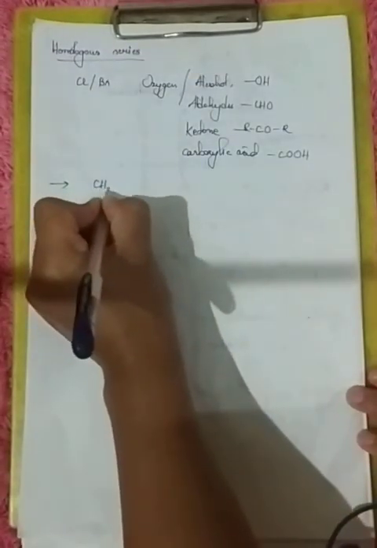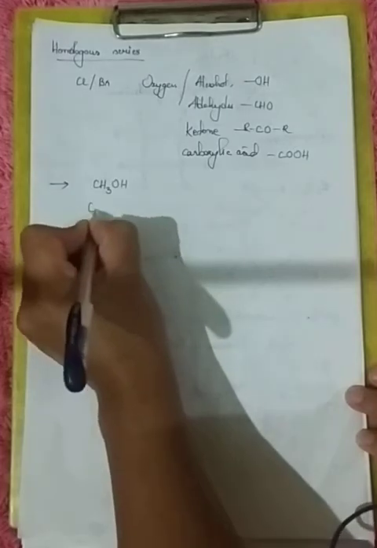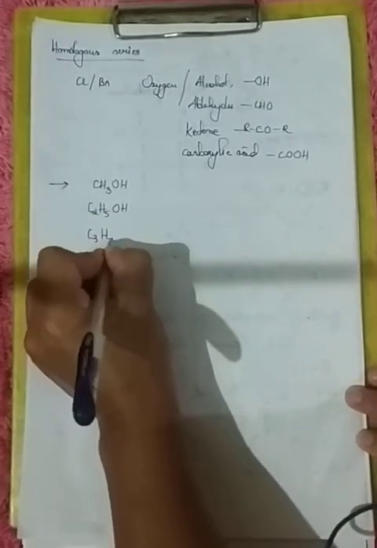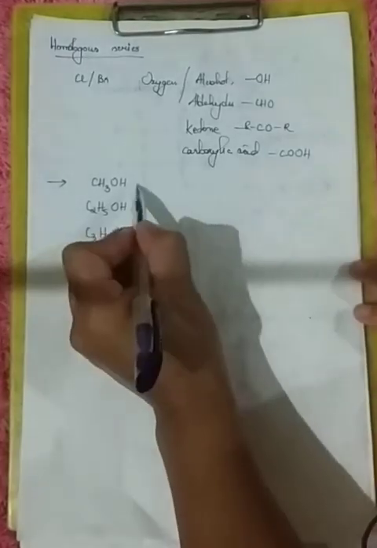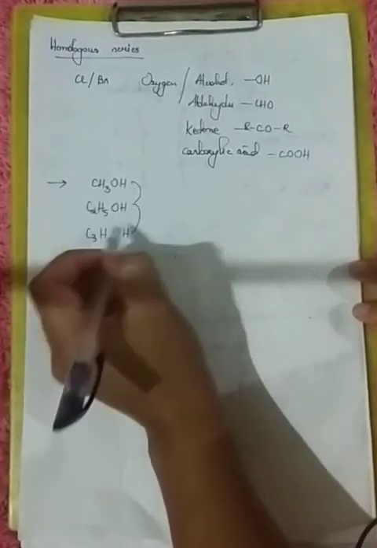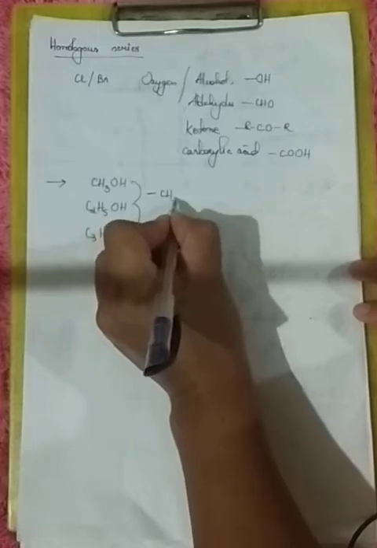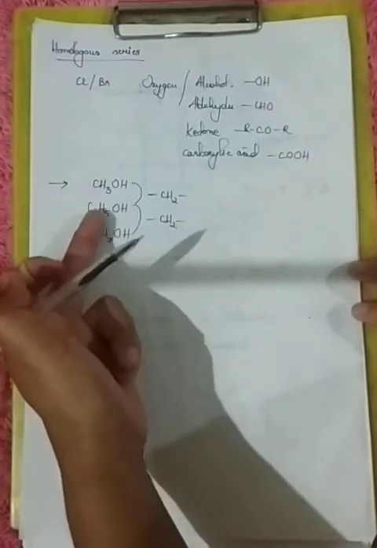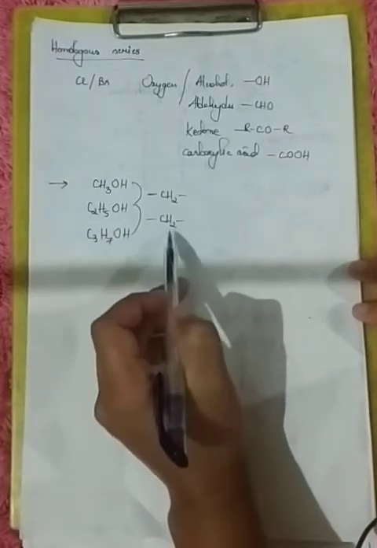For example, we have CH3OH, C2H5OH, and C3H7OH. The difference between these three molecules is only a CH2 unit. These three members differ only by a CH2 unit.